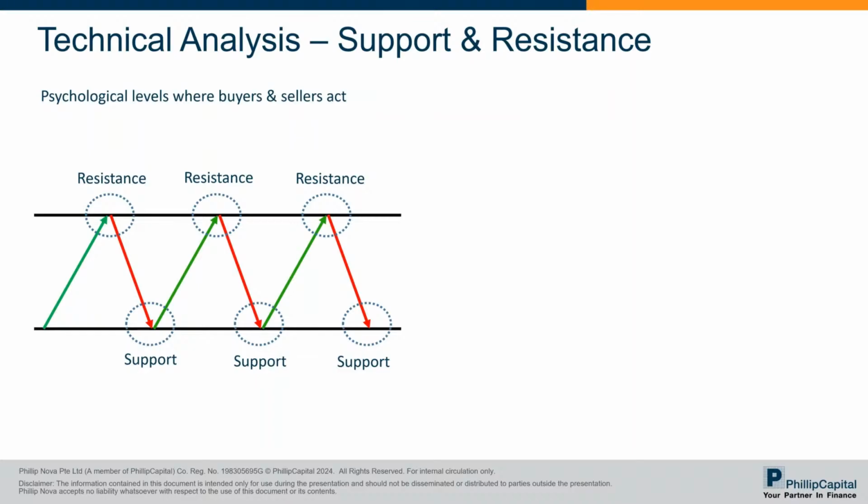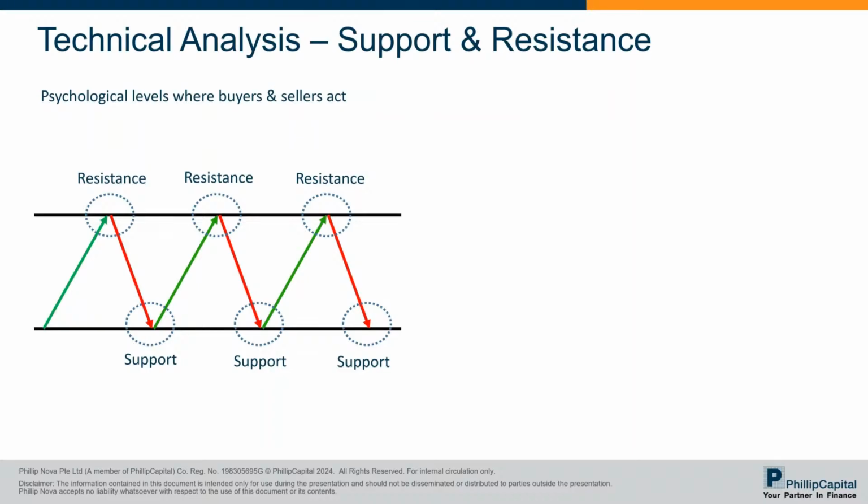Just like Bitcoin back in the days, where 100K was a key psychological resistance. It did test a few times. Whenever it rose to 100K, sellers would come in, and when it rose to 100K again, sellers would come in to take profit.